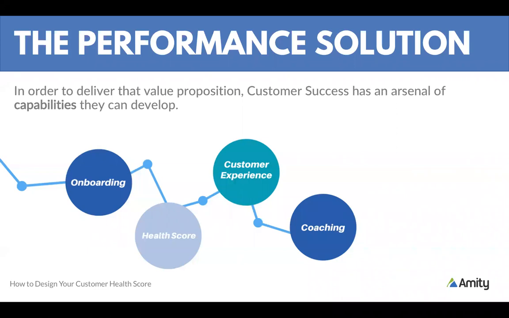And these, of course, can be hierarchical. So underneath the onboarding capability, you could have an implementation capability, you could have a project management capability. So it's these capabilities working together that actually deliver your value proposition.